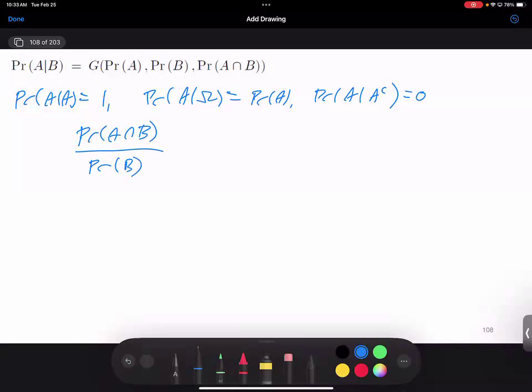So we could look at something like this. The probability that A happens given B. So do we want it in the denominator?